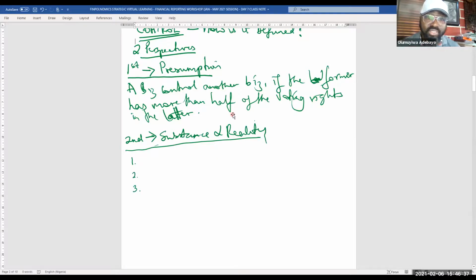The first one is that the investor, which is the acquirer, has power over the investee, which is the acquiree or the acquired entity.